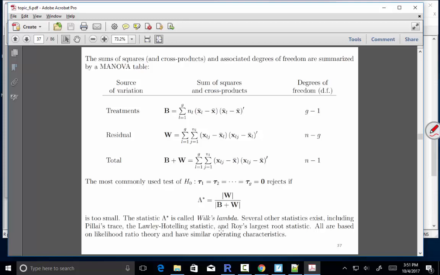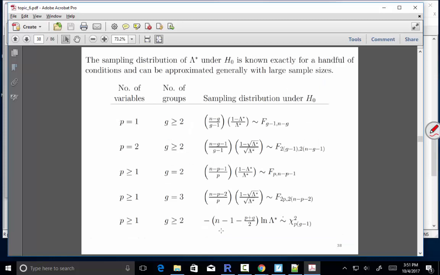One thing that's complicated about MANOVA is there are different ways of doing it. Depending on the setting, the math is more complicated in MANOVA than in ANOVA. Whereas in ANOVA we had this F statistic that we compared to an F distribution, in MANOVA, depending on the setting, like is it a bivariate case with 2 or more comparison groups, or is it bivariate with 3 comparison groups exactly?